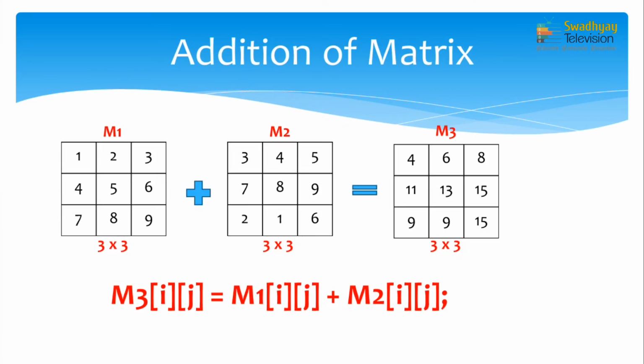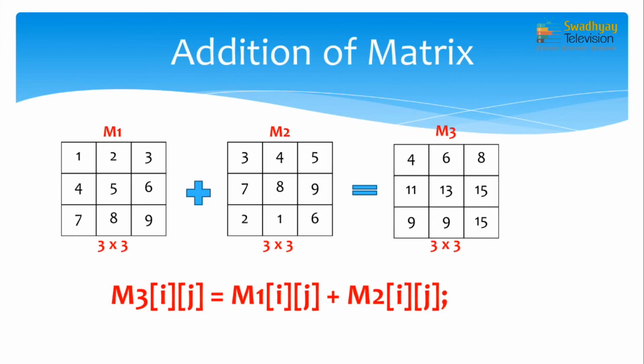Next, we take one example of a two-dimensional array, that is, when to use a two-dimensional array. For example, we want to add two matrices. Now, to add two matrices we should have the same number of rows and columns in each matrix. So, that is the condition for adding two matrices.